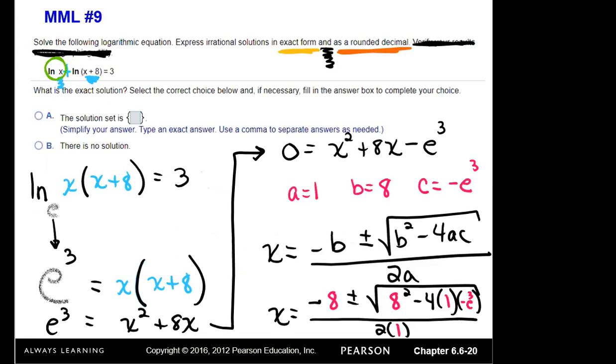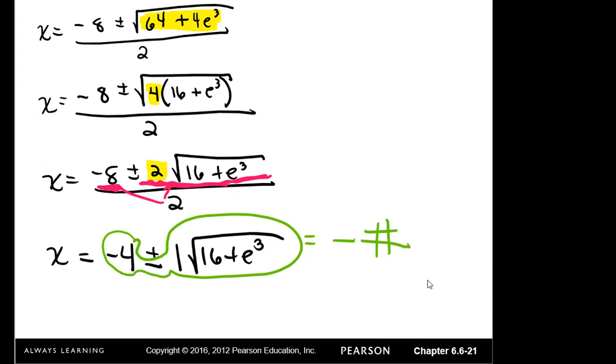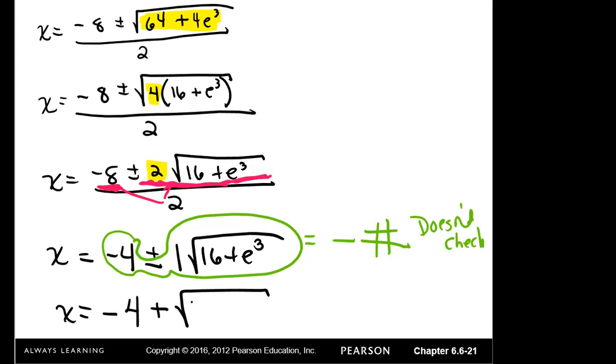If your x is a negative number, it won't check. So the -4 minus answer doesn't check, which means the only answer I'll type into MyMathLab as an exact answer will be -4 plus, and that 1 is really invisible, the square root of 16 plus e cubed.